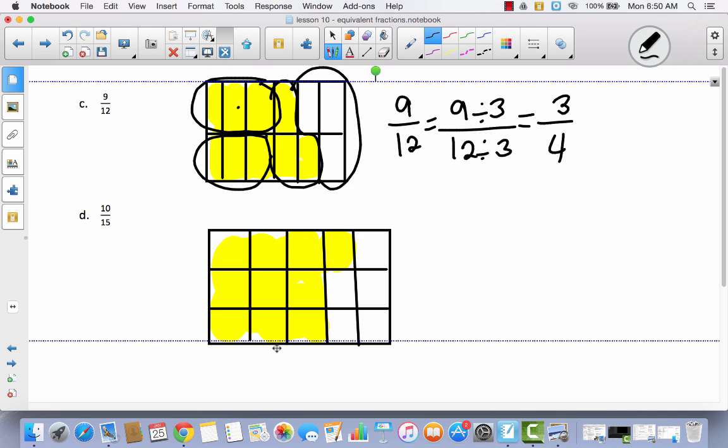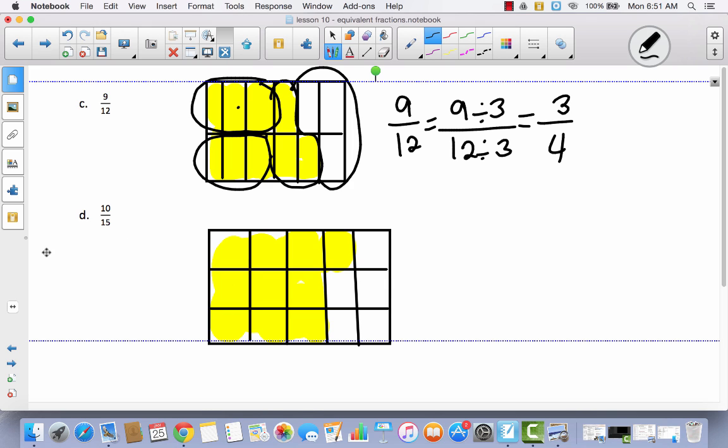So I can't do groups of 3 even though it lends itself to that. I could do groups of 2, 2, 2, 2, 2, but I'm trying to think of something that you could divide 10 and 15 by that would be bigger than 2.